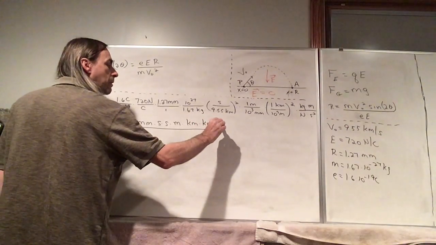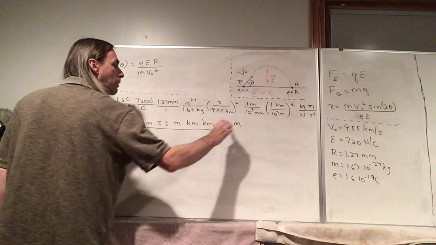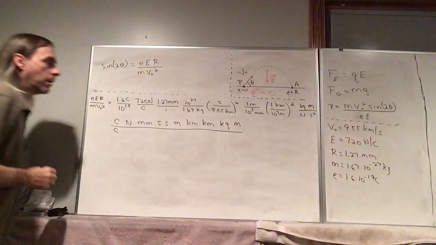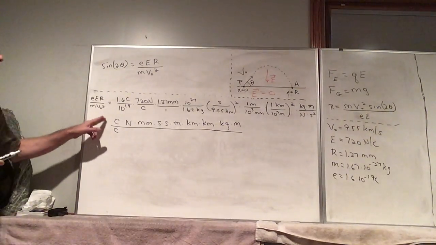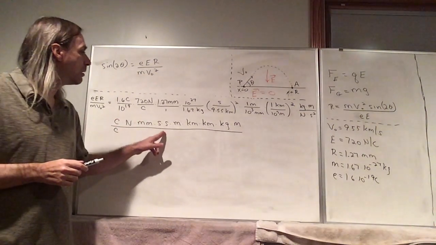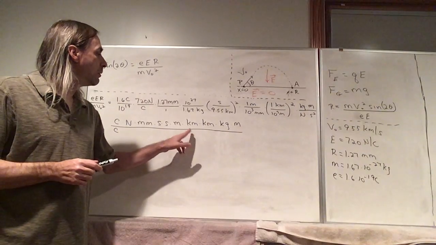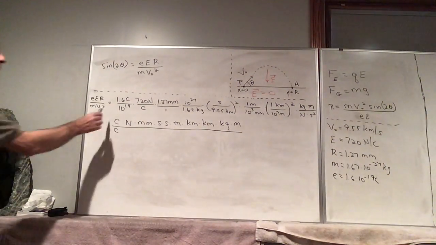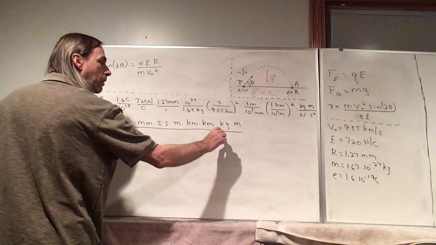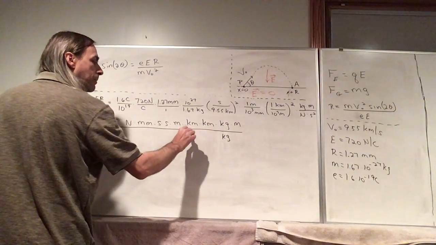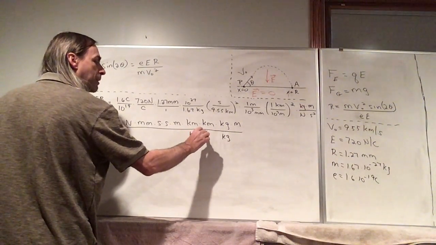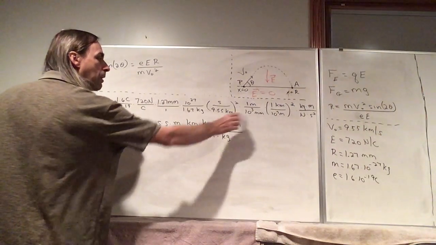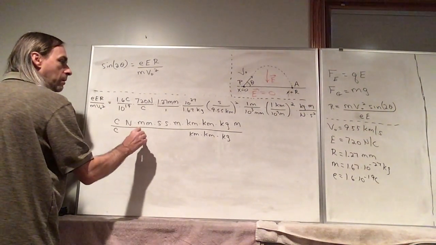So let's do this. We went across the top. Now going across the bottom, we have coulomb, kilograms, kilometers squared because that's in parentheses, millimeters.